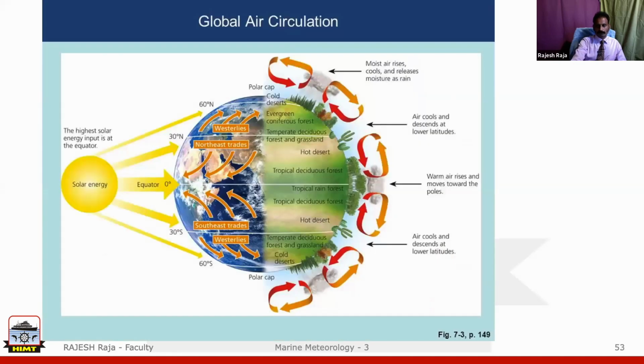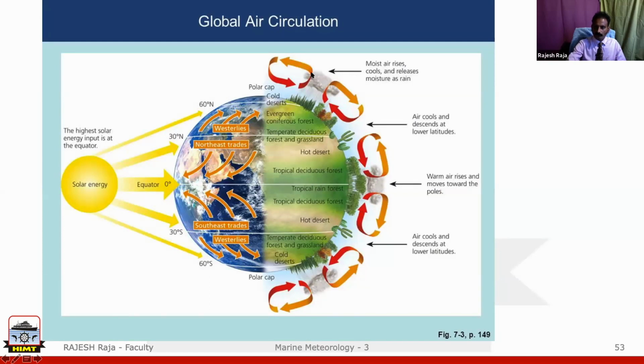Again here, there's one small thing you can try to understand. Please remember, wherever air rises from the surface and goes up, it adiabatically cools and gives you a lot of precipitation. So please look at these places. At the equator, I have a lot of precipitation, which is your tropical region, tropical rainforests.